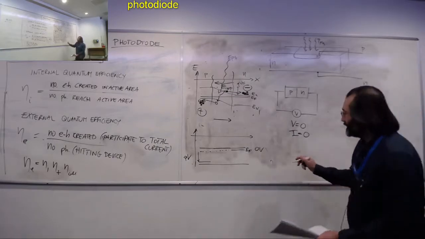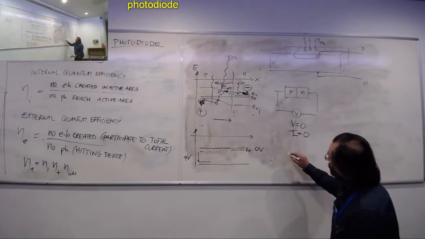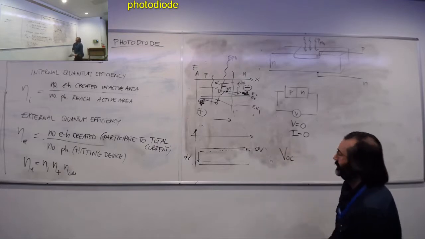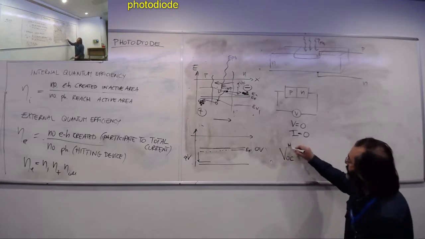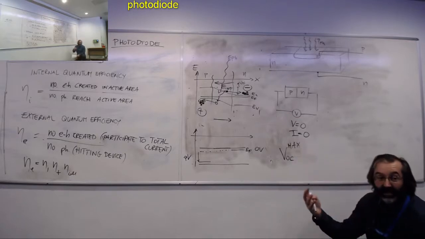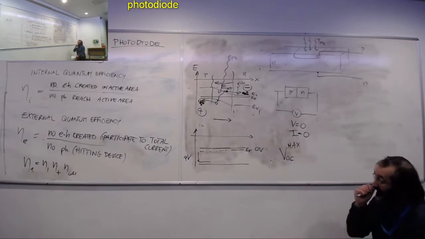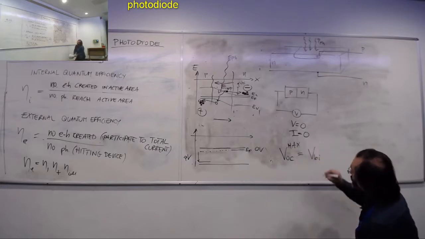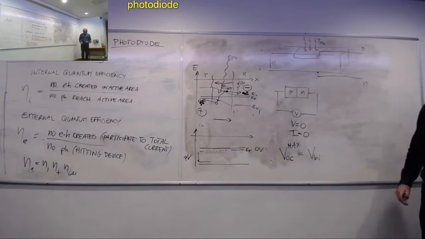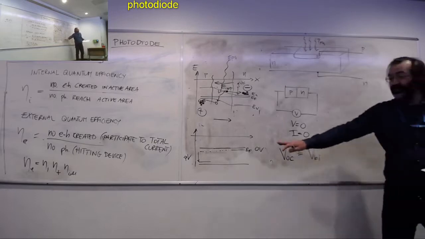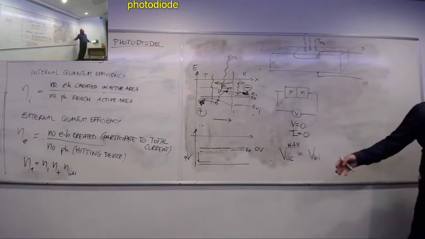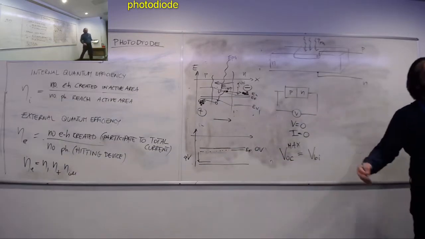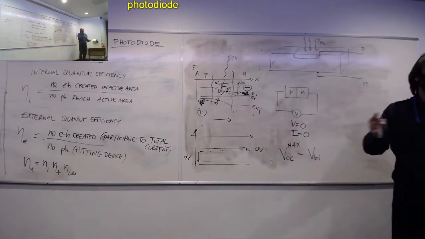So it's indicated as VOC. So what we just discovered is that VOC max, the maximum open circuit voltage of my p-n junction, is VBI. So it's positive, and this maximum is equal to VBI. So in general, it will be between 0 and VBI.